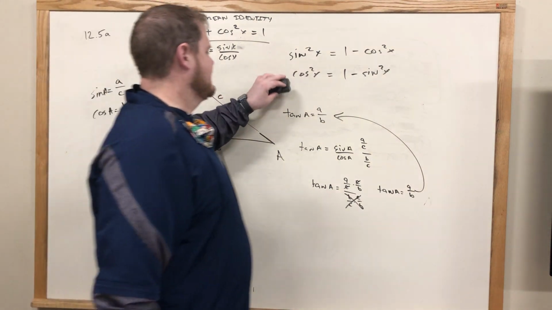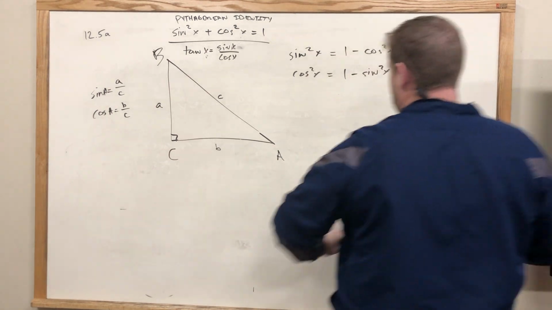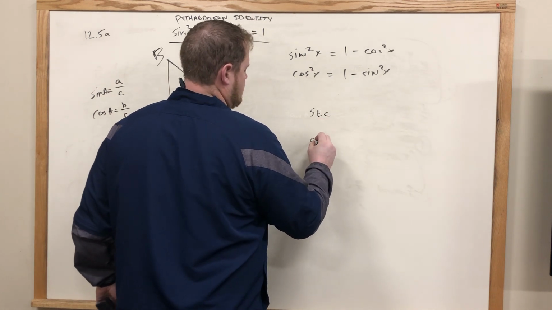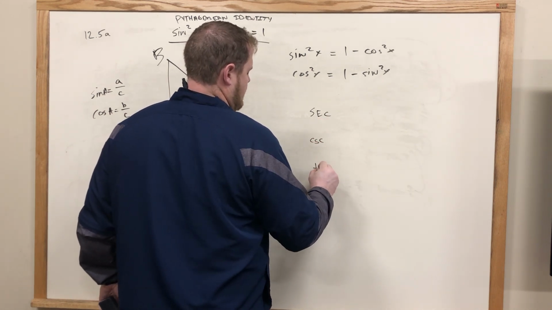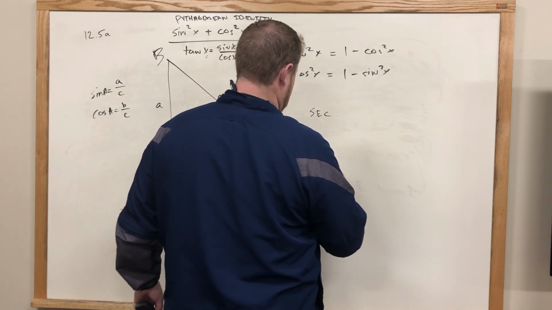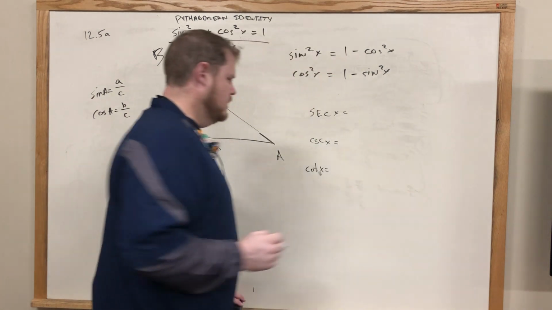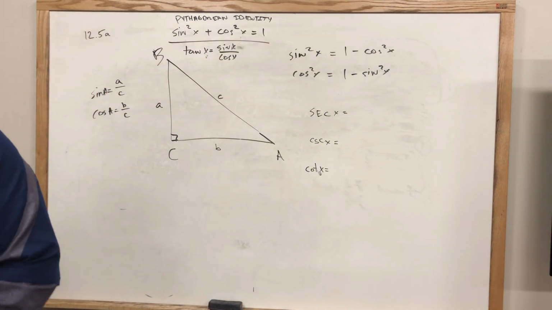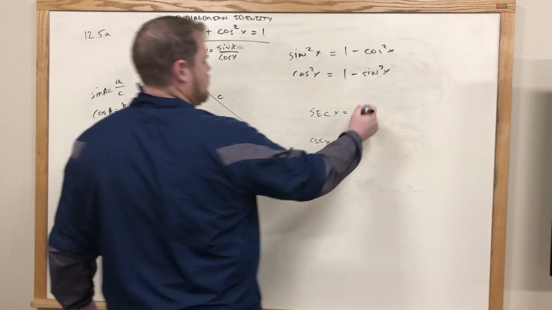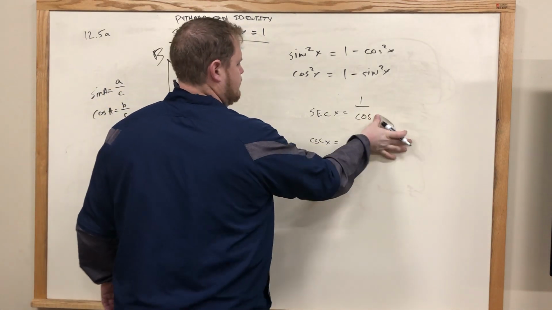These are secant, cosecant, and cotangent. Secant actually goes with cosine, so another way to write that is 1 over cosine x.